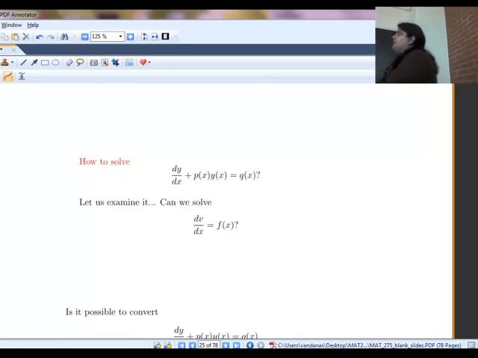I want to convert my left hand side into dv over dx. And whatever will be left on the right hand side will be my fx. And if I am able to convert in this form, it will be separable then, right? Then you can solve it. But the mystery here is how to find this v. And what is this v?